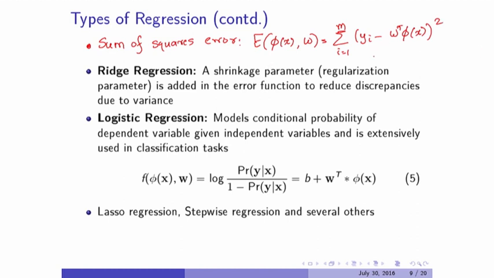So this gives rise to the least square linear regression problem. Now you could consider variants of this where you make changes to the error function or the objective function. Ridge regression is an example where you introduce a shrinkage parameter. It's also called a regularization parameter.